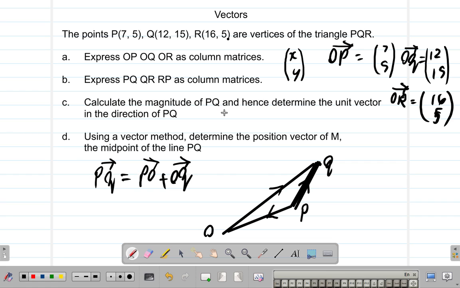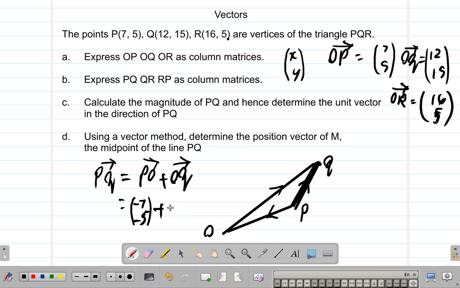Now, here, what you see is that PO is the opposite of OP, and OP was 7, 5. So you're going to add this. You're going to say -7, -5, since it's the inverse vector of OP, plus OQ now.